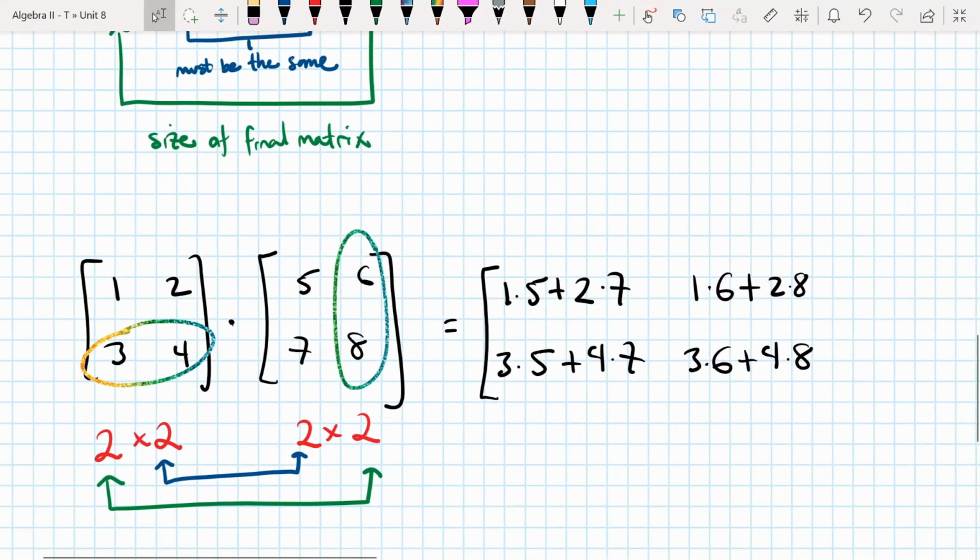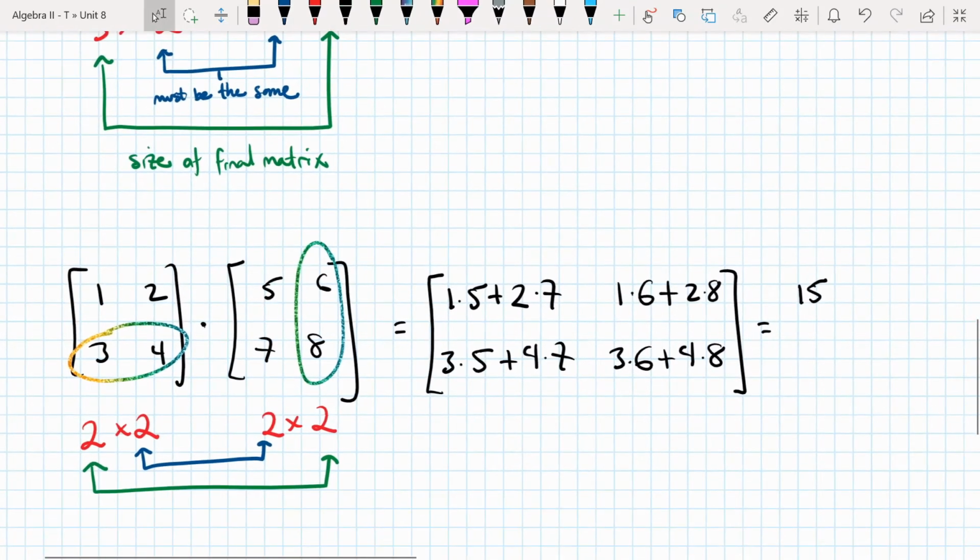Then the resulting matrix from this multiplication is what we get when we evaluate each of these elements. 1 times 5 plus 2 times 7, that's 5 plus 14, that's 19. 6 plus 16, that's 22. 3 times 5 plus 4 times 7, that's 15 plus 28, that's 43.